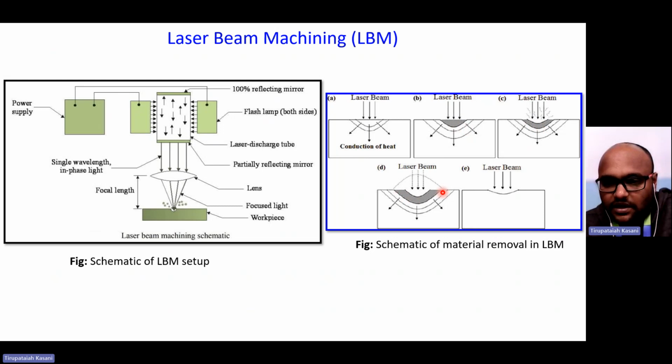After that, this is the final stage: the laser beam is exposing fresh material again from E, and again the same phenomena A, B, C, D, means conduction, and melting will be expanded. Melting is extended, and the molten metal is removed from that region through some means, like vaporization. That is, melting and vaporization.